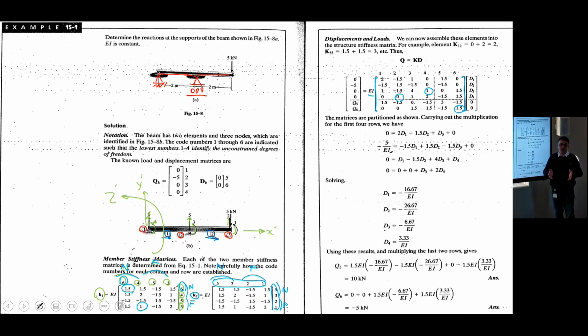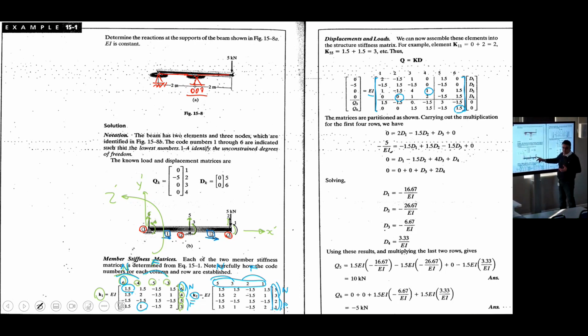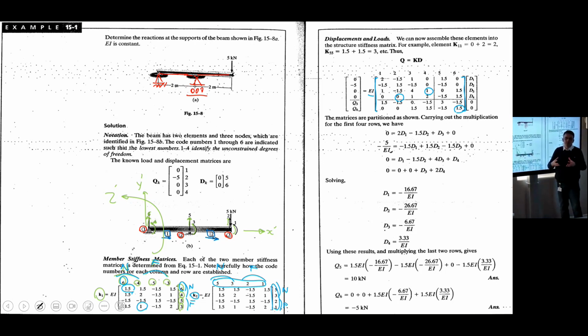And it has a physical meaning. Degrees of freedom 2 and 4 are not connected together, so they should be 0. 2 is the transversal deformation of this end. 4 is the rotation of another element's end. They are not connected. There is no stiffness between these 2 degrees of freedom. It should be 0.